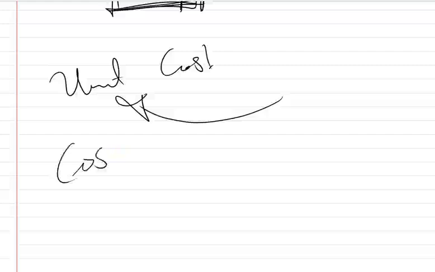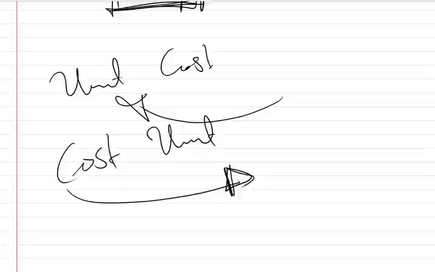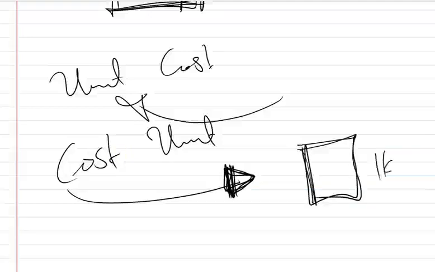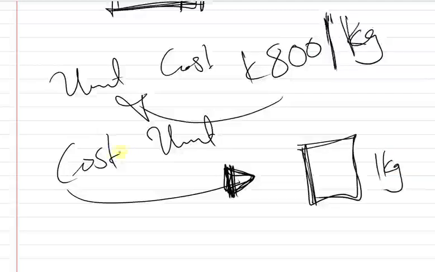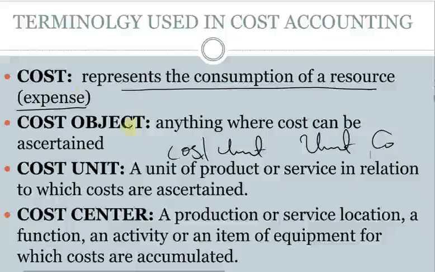While with cost unit, we are saying which unit can we actually establish a cost to, right? So for example, a cost unit might be a packet of sugar, a 1 kg packet of sugar. While a unit cost might be 800 kwacha per kg, right? So we're saying one packet will cost 800 kwacha. So that's a unit cost. So you need to know they are not the same thing.